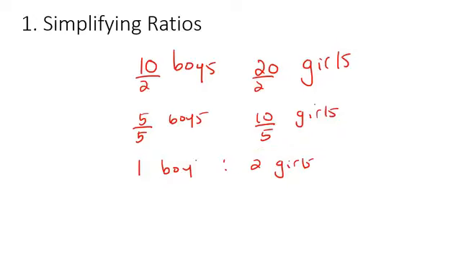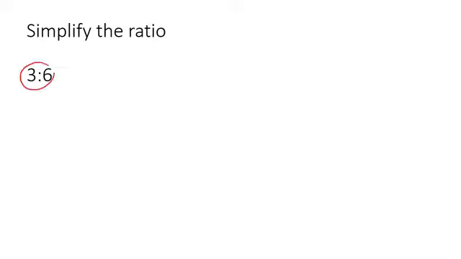So let's go to the next one. So you need to simplify the numbers 3 to 6. Okay, so you need to be able to divide both of these numbers by the same number. So we know that both of these can be divided by 3. So that'll give you a 1 over here and then a 2 over here. And then that cannot be any further simplified, and so that would be the answer. So here we have 9 and 12.